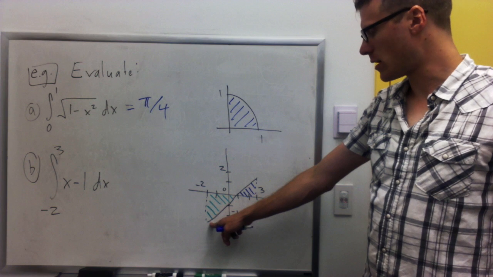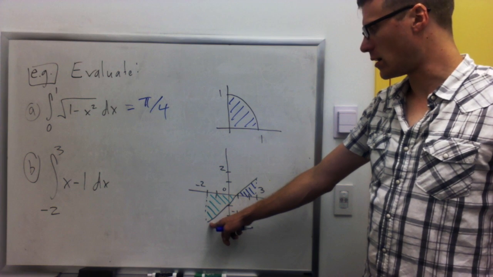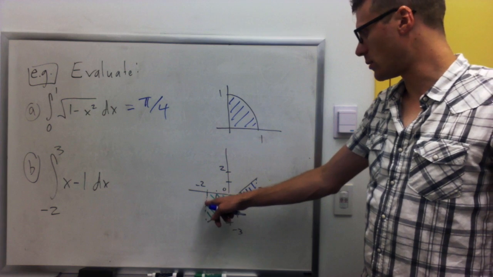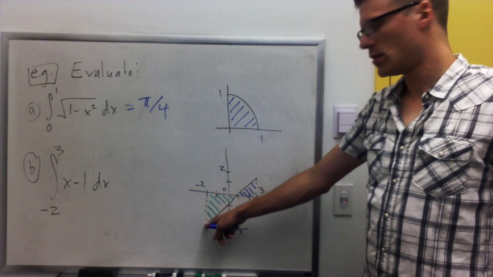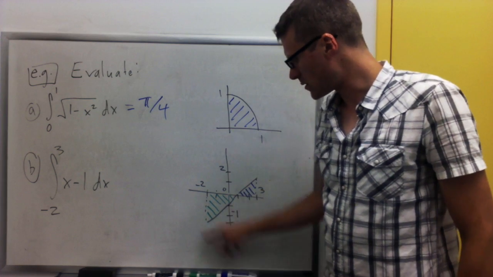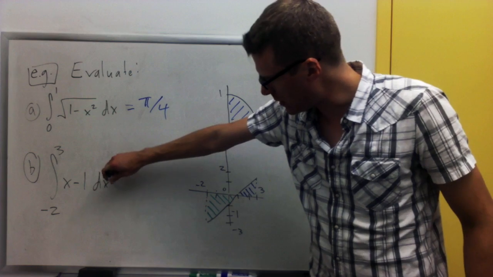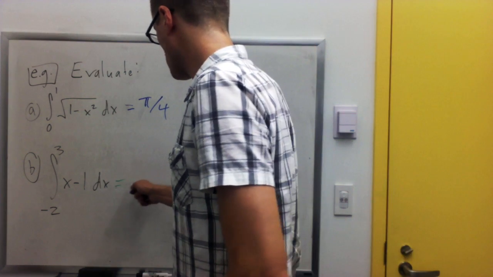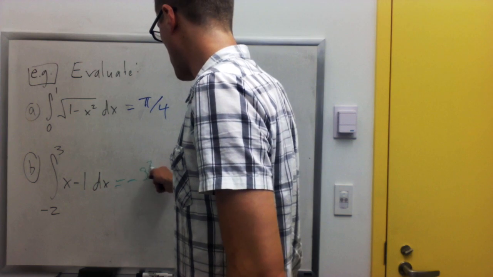This is a triangle with base 3 and height also equal to 3. So its area is 3 times 3 divided by 2. And since it's below the x-axis, we're going to count that negatively. So this is equal to negative 3 squared divided by 2.